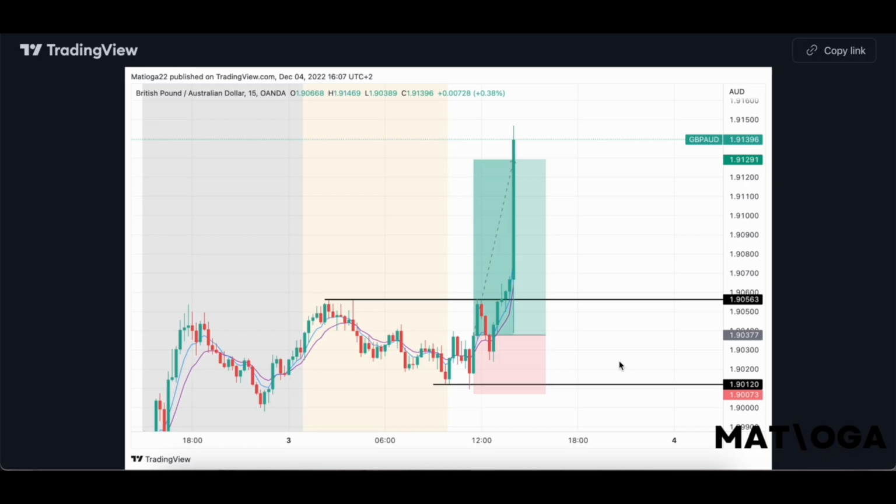Basically, you were able to take this trade because you had a fantastic January. January itself generated some good returns, so you are able to take this trade.